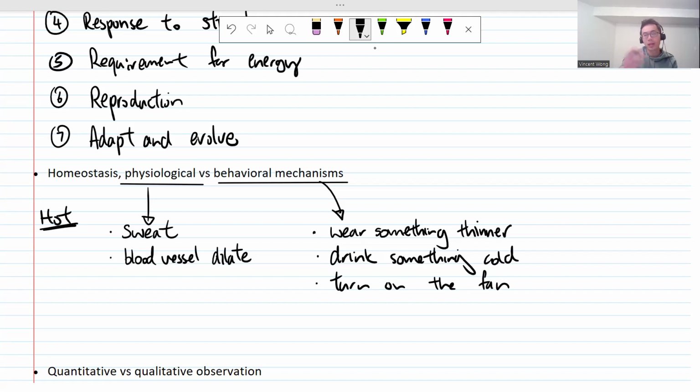So these are different ways that you can cool yourself off, things that you actually do yourself as opposed to your body doing it for you. That's the biggest difference between physiological and behavioral mechanisms.